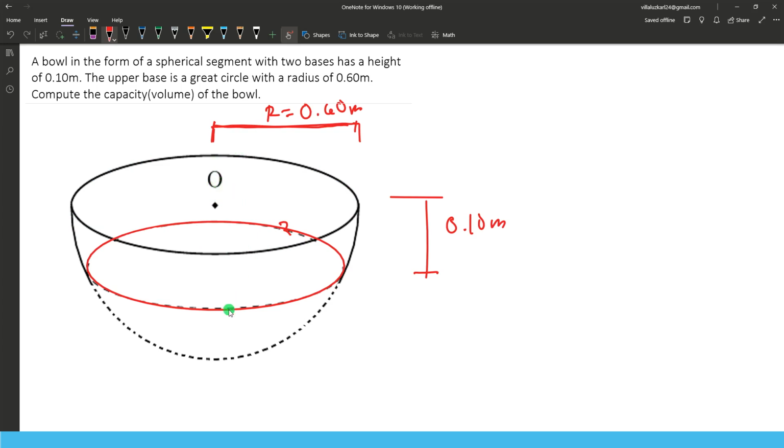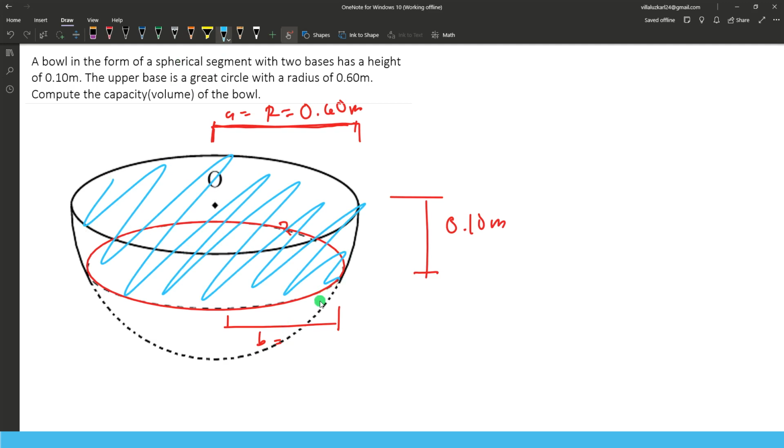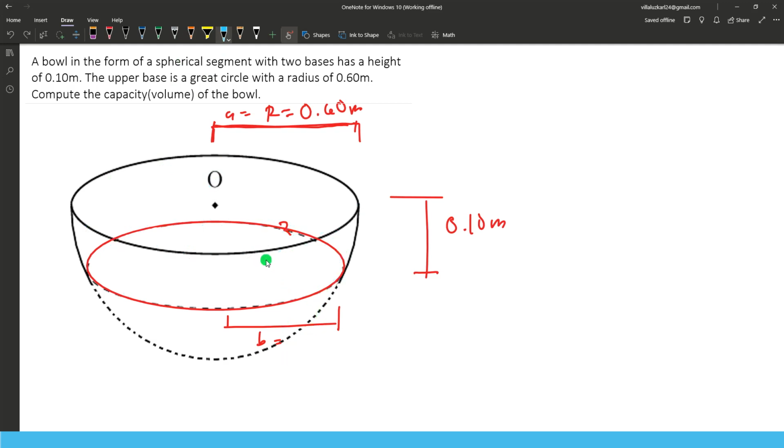Now, how can we compute the radius of the other base, which is this one? Say this is A, this is B. How can we compute this other base so that we can determine the volume of this bulb?